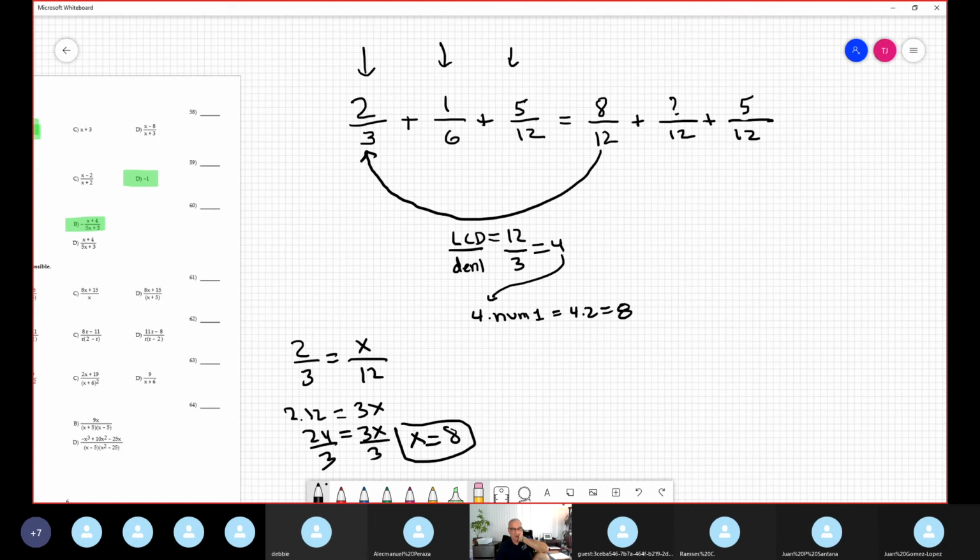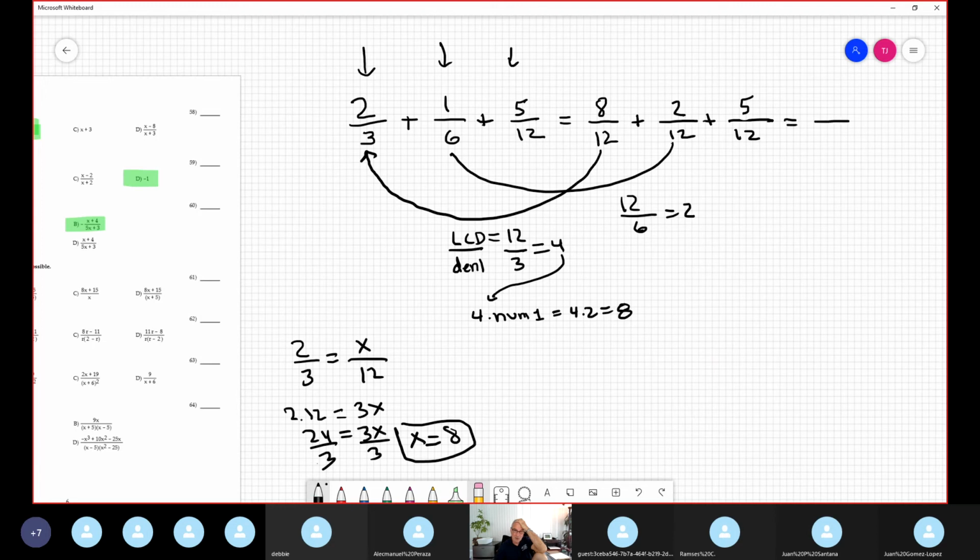Either way works. For the next one, 12 divided by 6 is 2, and 2 times the corresponding numerator, in this case 1, is 2. Nice. So I replace this question mark with 2.